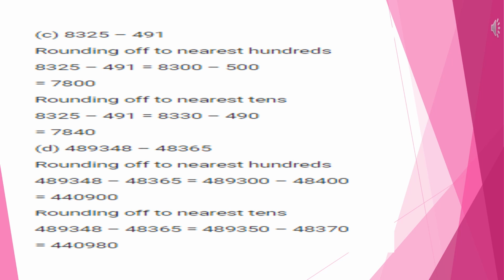Now, round off the numbers to the nearest 10. 4,89,348 is equal to 4,89,350 and 48,365 is equal to 48,370. After subtraction, we will get the answer 4,40,980.